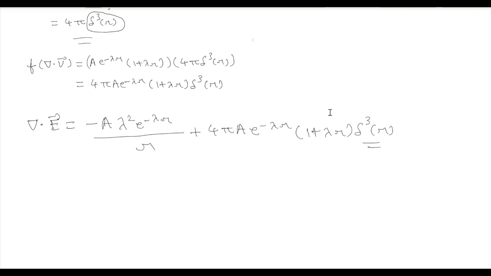Let's say this is a function of r, and then this is a function of r. Basically this would simply be equal to this, because the Dirac delta function is 0 everywhere except at the point r equals 0 for this one.